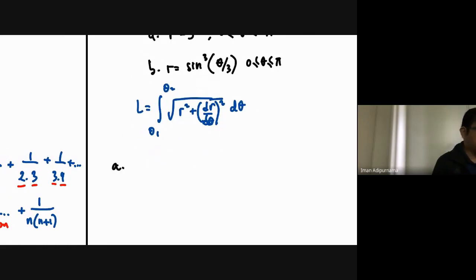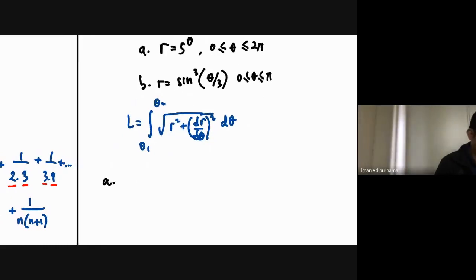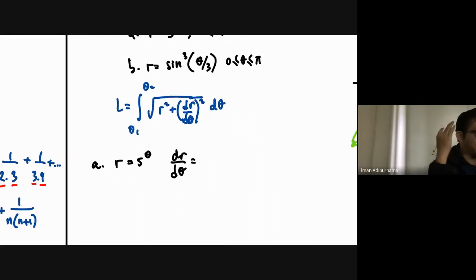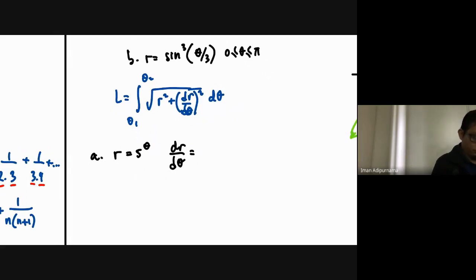So for number A, you get r is 5 to the power of theta, and dr over d theta. Remember the 5 to the power of x in our Calculus 1. We will get the same 5 to the power of theta and then multiply with the ln 5.